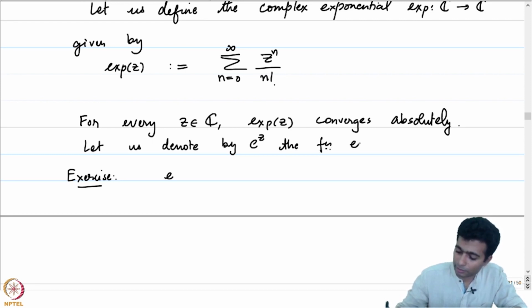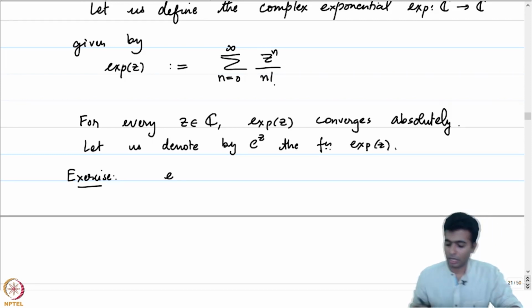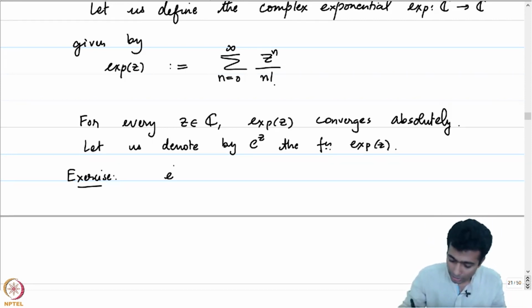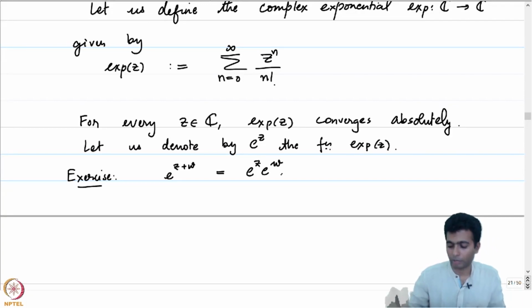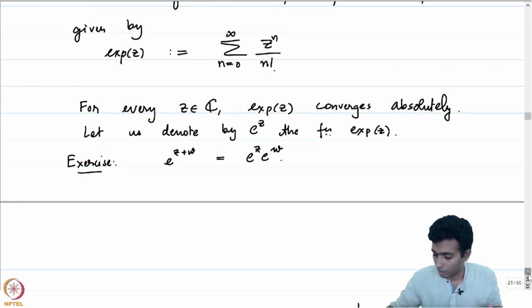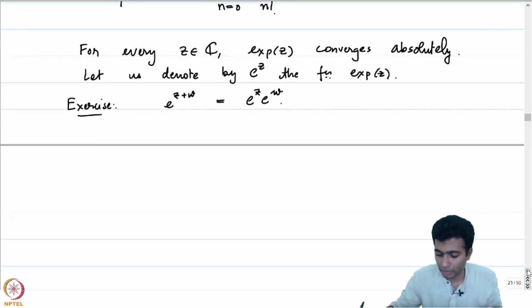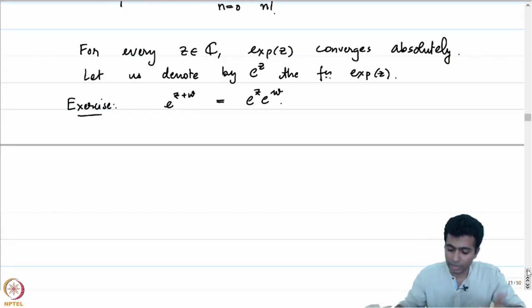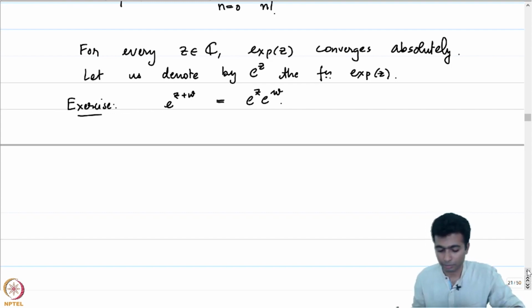The exercise is to show that e to the power z plus w is equal to e to the power z times e to the power w. The proof is actually quite similar. It crucially uses the fact that the series e to the power z converges absolutely, and by an application of Mertens' theorem, considering the Cauchy product, this tells us that e to the power z plus w is equal to e to the power z times e to the power w.